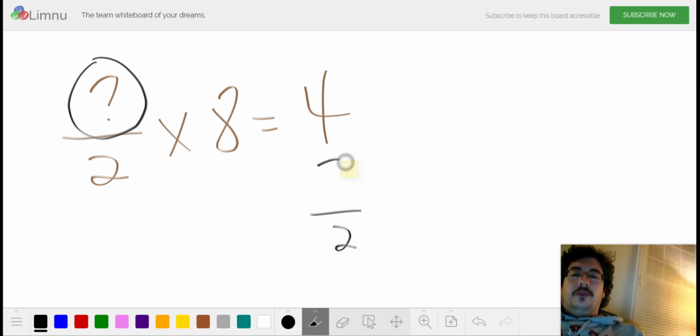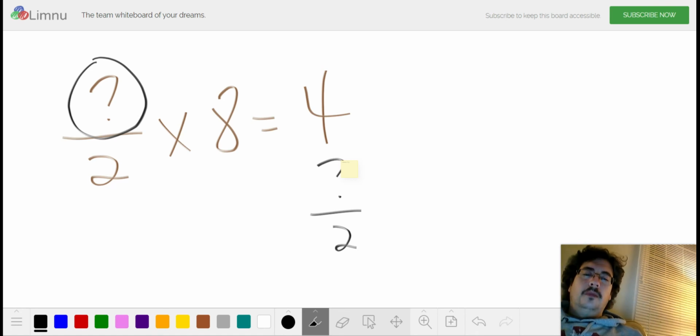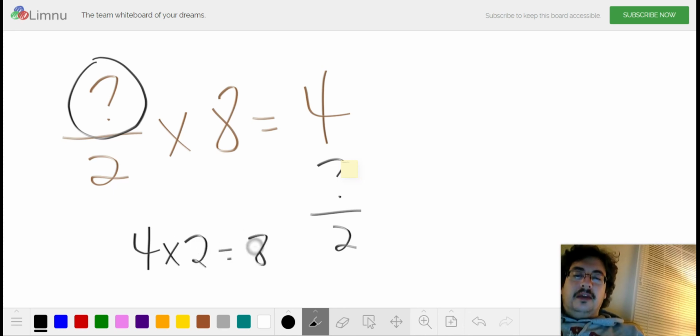The question is, what is my numerator going to be? Well, I know that whatever it is divided by 2 equals 4. So I can ask myself, what divided by 2 equals 4? And if I don't immediately know, I can always use multiplication. So I can multiply 4, the number I'm supposed to get in my equation, by the denominator 2, and that gives me 8.